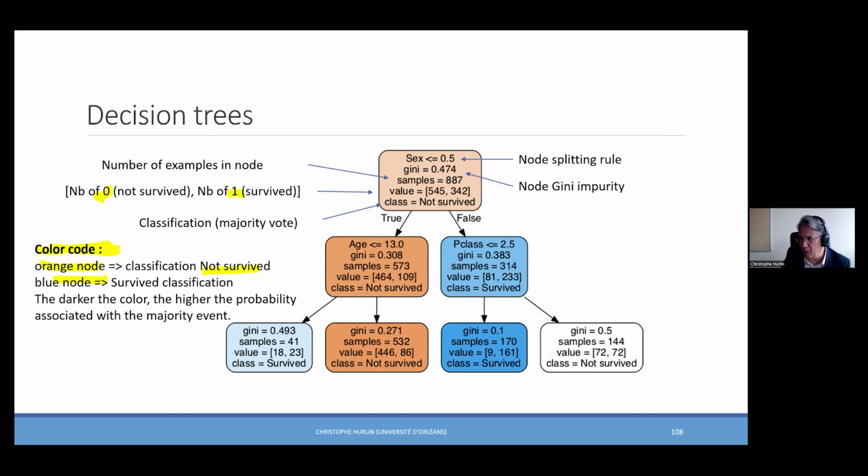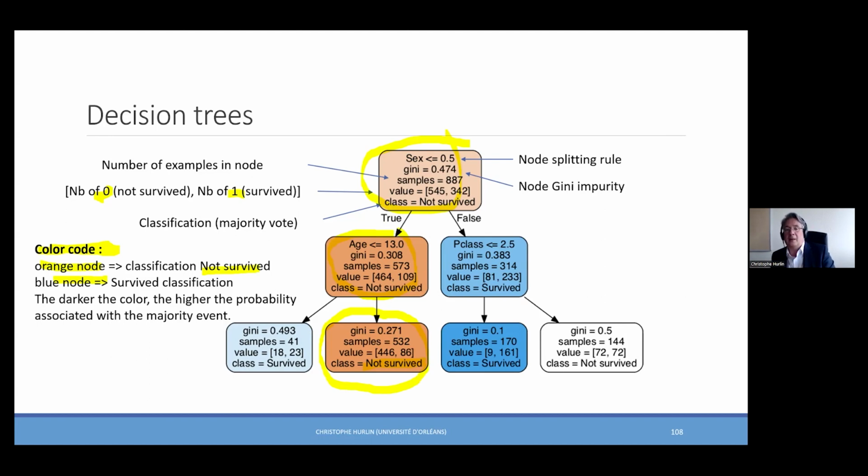So blue is 1, orange is 0. Here I have a leaf in which the model forecasts 0, so not survived. So this is in orange. You see it also here and here. On the contrary, we have 3 subgroups in blue.